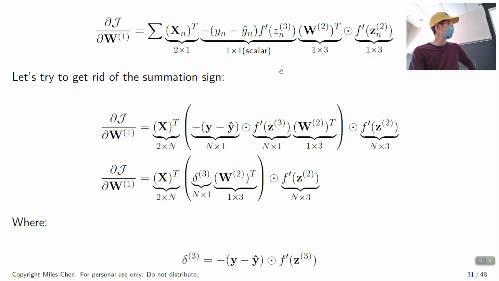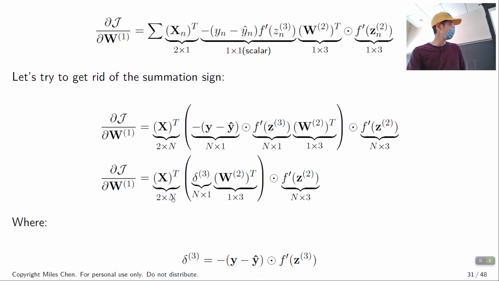So we can preserve the dimensions by running element-wise multiplication here. This result is n by 1 and gets multiplied by a 1 by 3, so this whole thing together is going to be an n by 3.